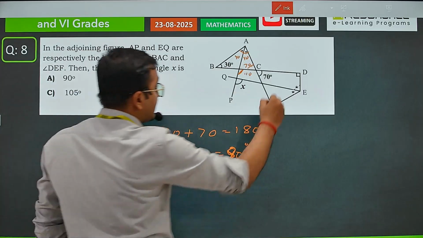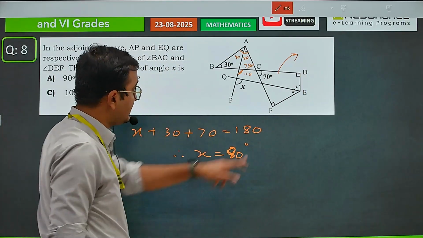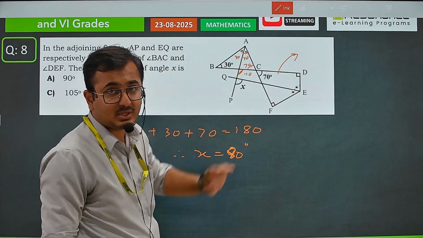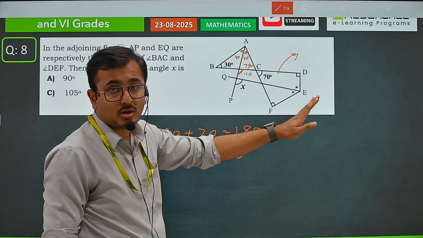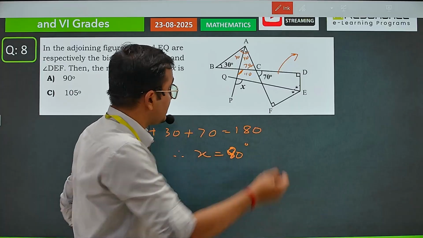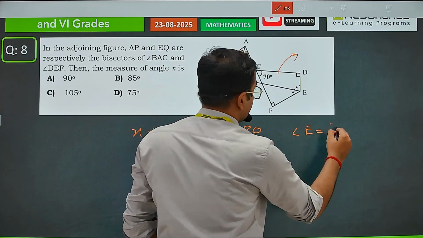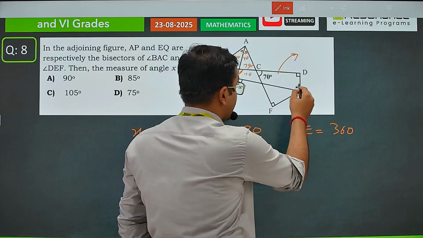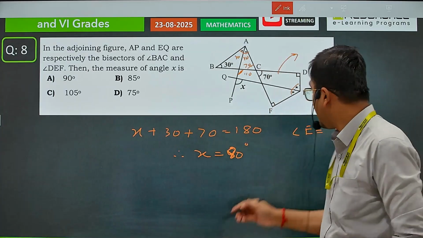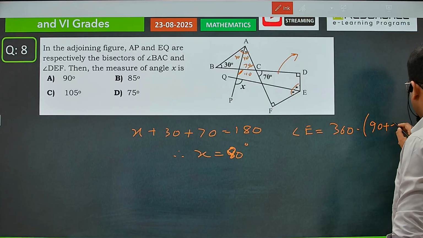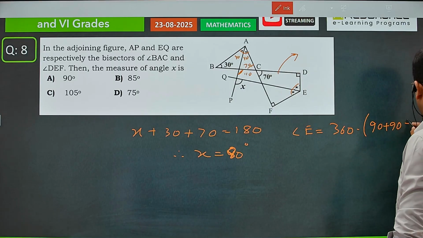Now if you look at this particular quadrilateral, DEFC, the angle sum property says that it should be 360. Therefore I can find my angle E value. This complete angle, not divided by 2. I can find this angle by 360 minus 90 plus 90, because of these 2 90s, plus 70.